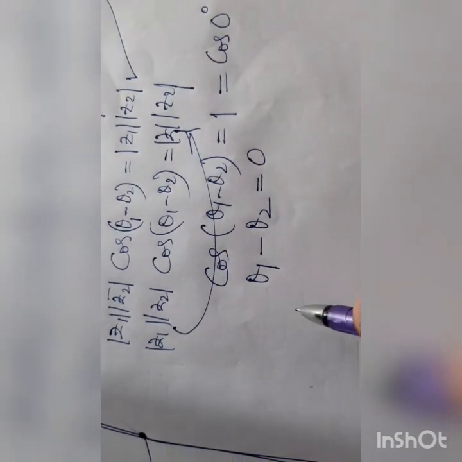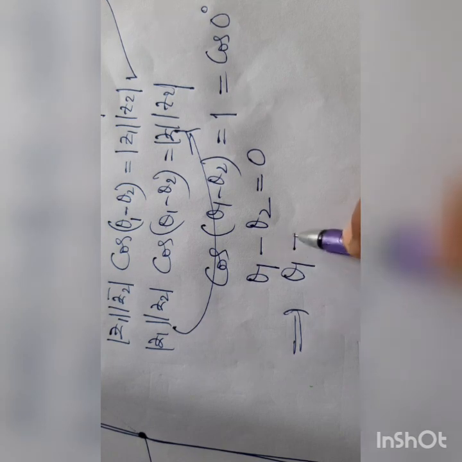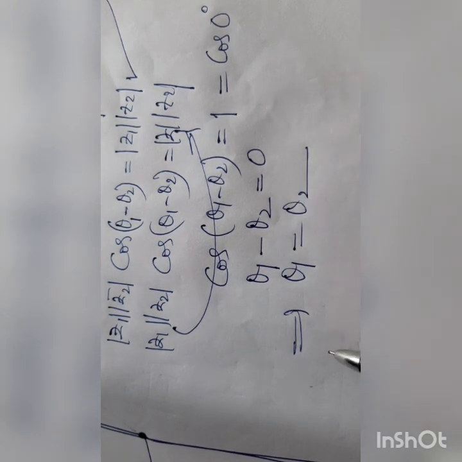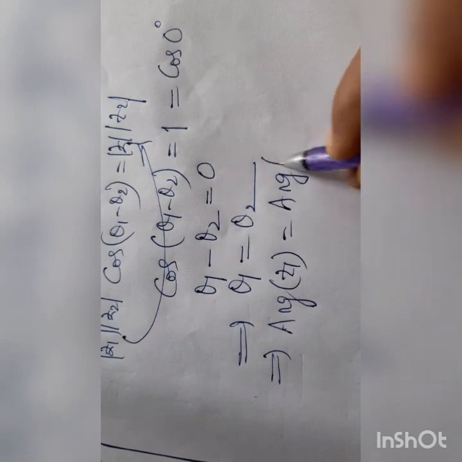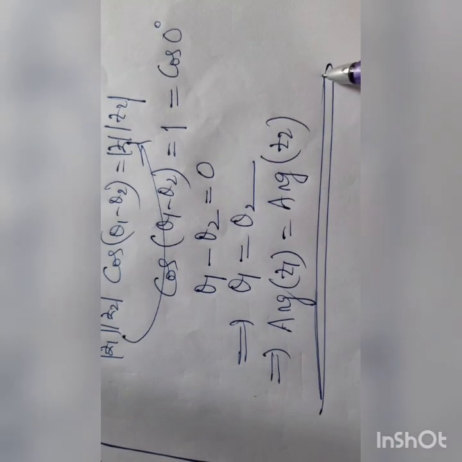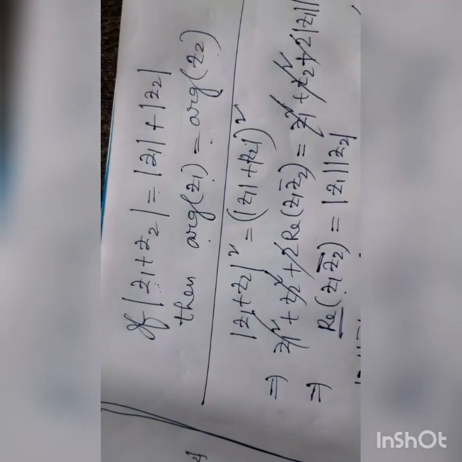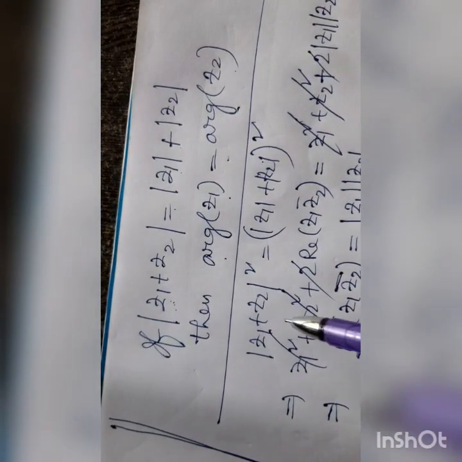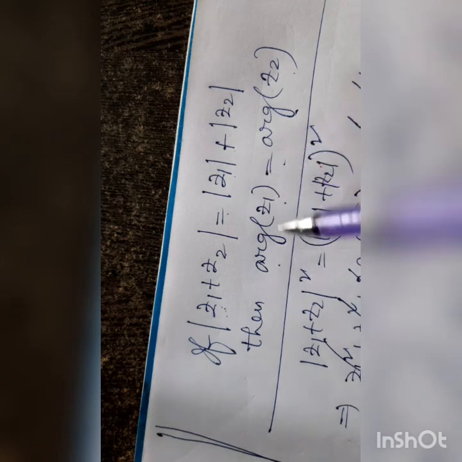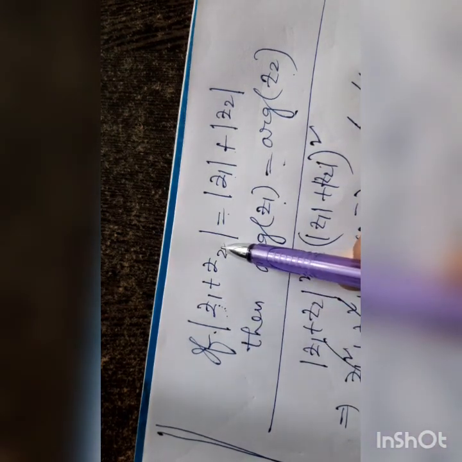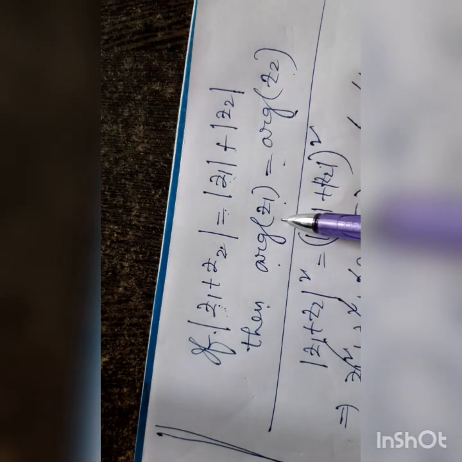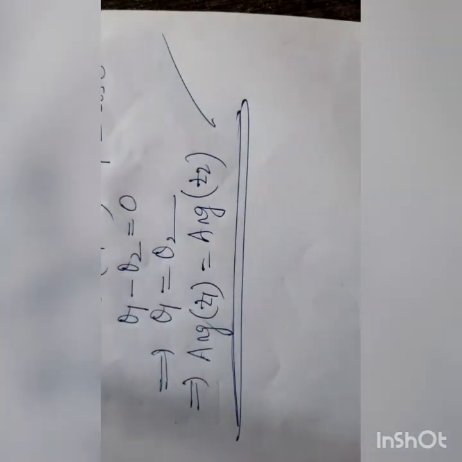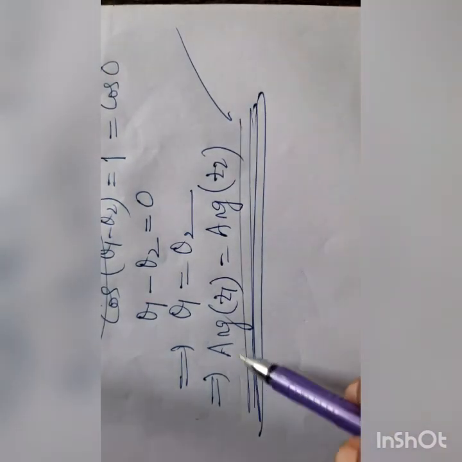It means theta 1 equals theta 2. What is theta 1? Arg of Z1 equals arg of Z2. We got this. So you have to understand, if modulus Z1 plus Z2 equals modulus Z1 plus modulus Z2, then arg Z1 equals arg Z2. You have to remember this.